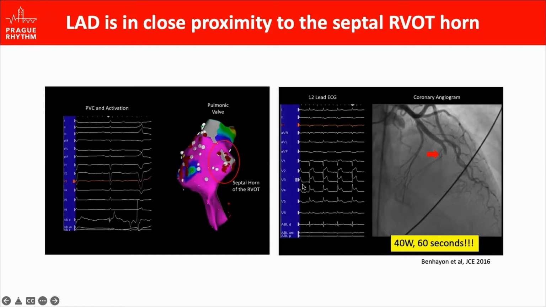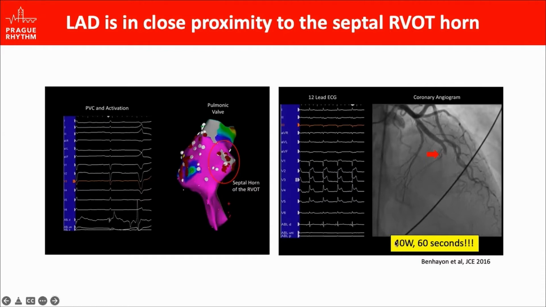After elimination of the PVCs, the patient developed chest pain with corresponding ST elevation on the 12 lead ECG. So they performed a coronary angiogram that confirmed the obliteration of the LAD in the middle part. So they had to perform the PCI, and they implanted the stent.